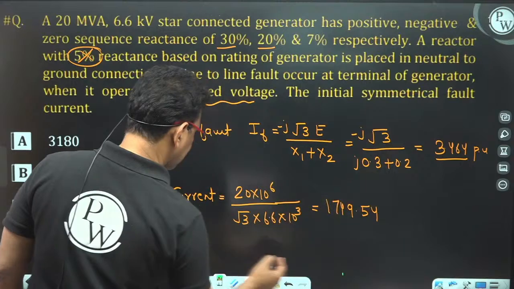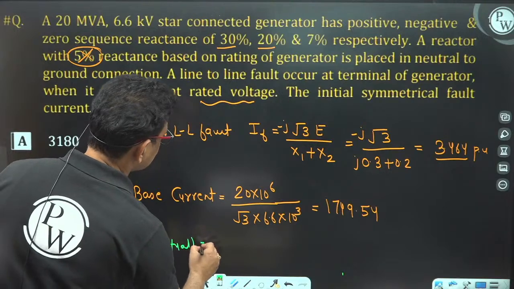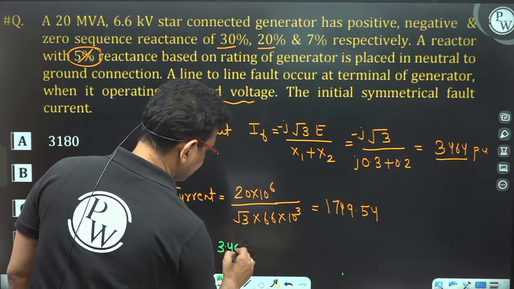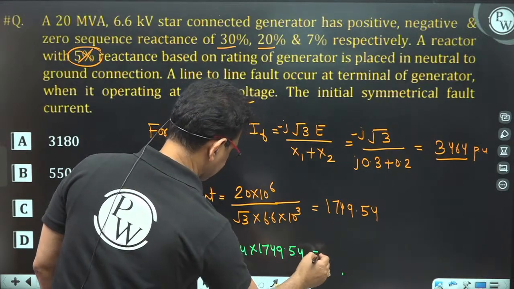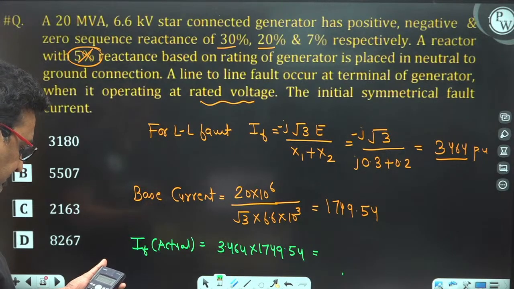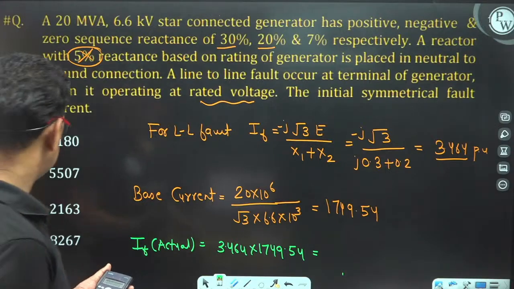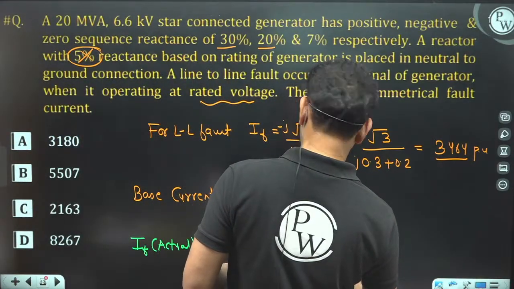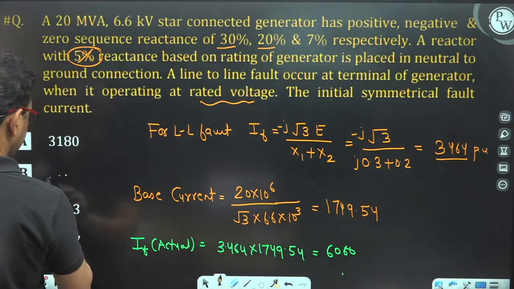So the actual value of fault current is nothing but 3.464 into 1749.54, which is 6060. The option is wrongly mentioned here. 6060 was the correct answer. Clear?